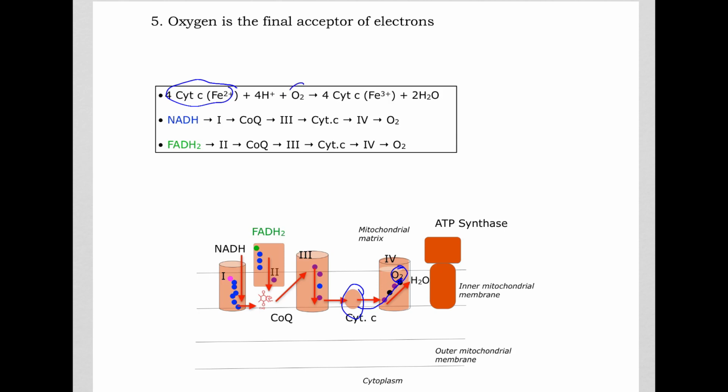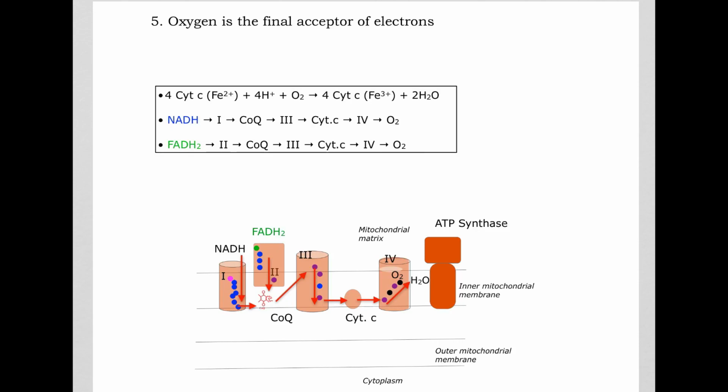Each oxygen molecule will take 4 electrons and 4 protons, and out comes water molecules. So that's what the electron transport chain is: NADH transferring its electrons to oxygen, and FADH2 transferring its electrons to oxygen.